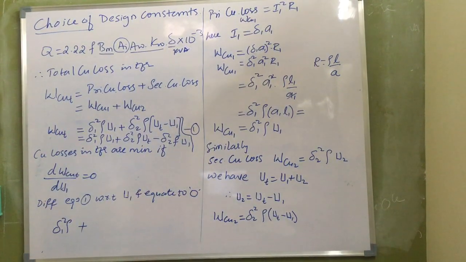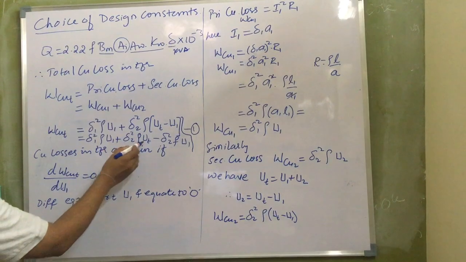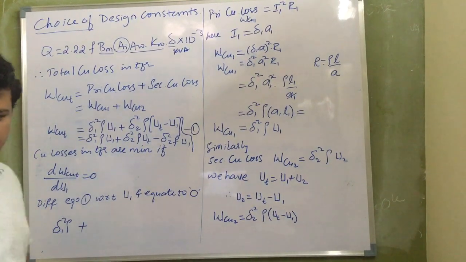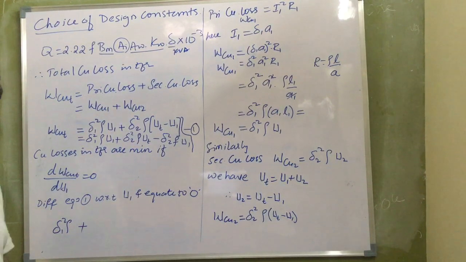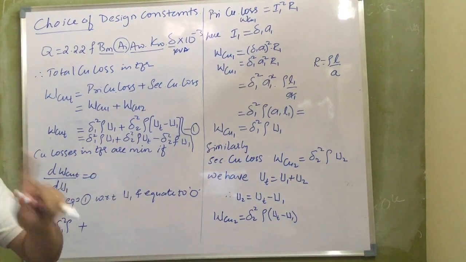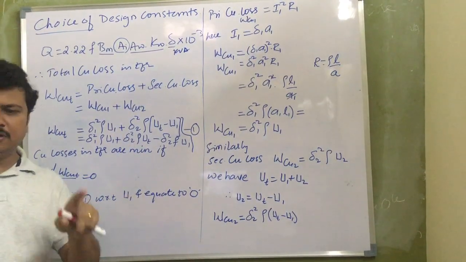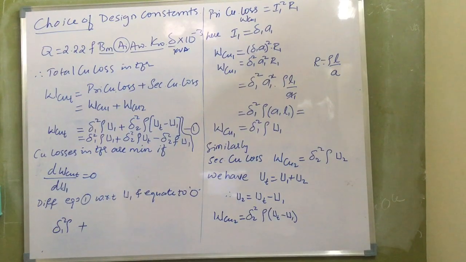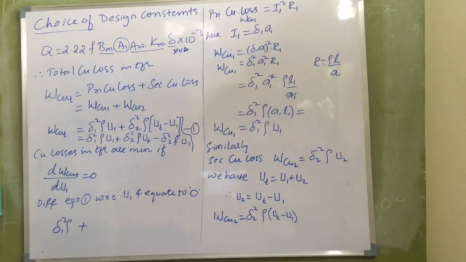Now differentiation of U1 with respect to U1 is 1. Delta 2 square rho is a constant, and differentiation of UT with respect to U1 is also 0, because I have taken UT as constant. My total volume of the copper will remain constant. So the differentiation of the second term becomes 0.